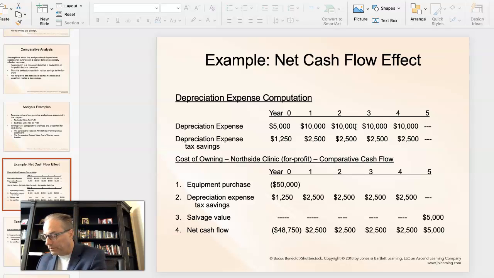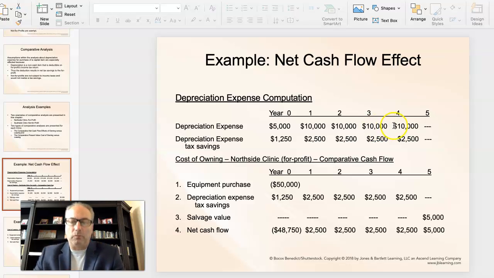And we'll further assume that the purchased equipment will be sold for its salvage value of 10%, or $5,000, on the first day of year 5. And that the federal and state income tax are going to be assumed to be a total of 25%. And so what we see here is we have those assumptions built into this table.